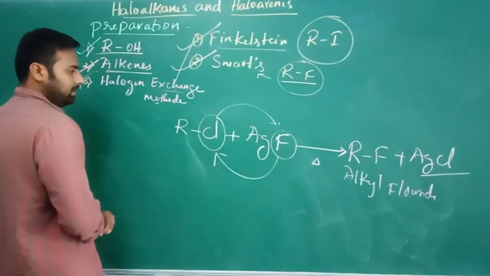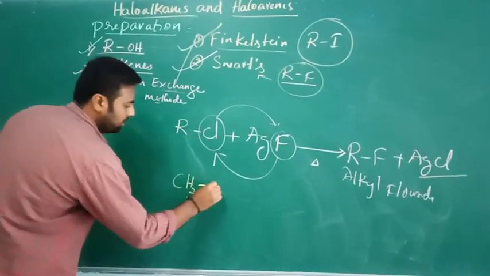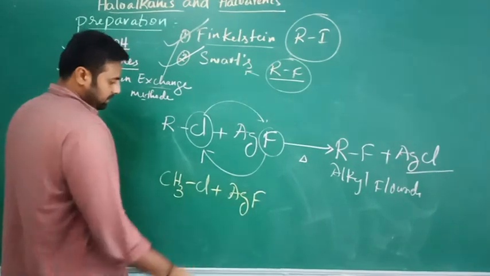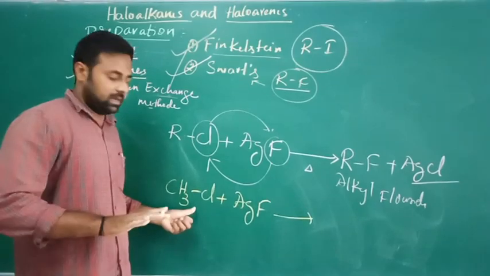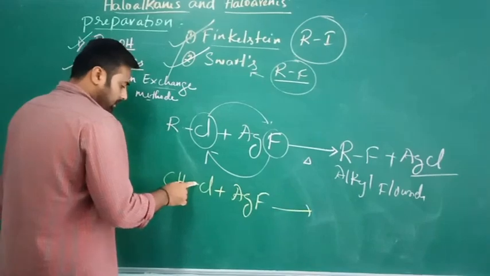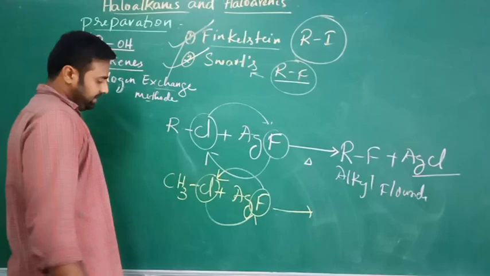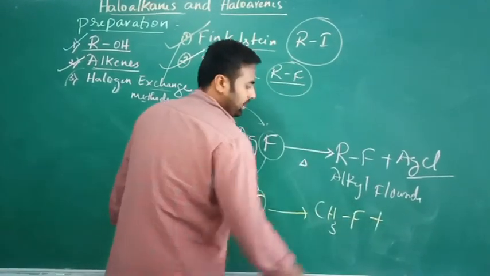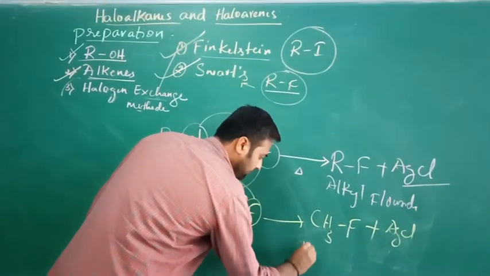Suppose you take methyl chloride combined with a metallic fluoride. Obviously, the metallic fluoride will convert the alkyl chloride into alkyl fluoride. This chlorine and fluorine will get exchanged. Then it will give CH3F, fluoromethane or methyl fluoride.